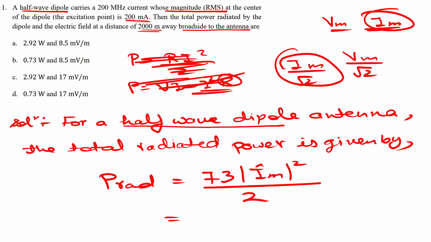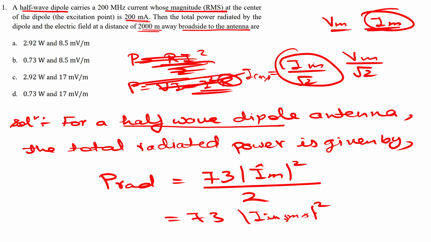And in the problem we don't have this Im value, we have the IRMS value. So simply, IRMS is Im by root 2. So I can write this as 73 times I in RMS magnitude squared, because this IRMS is Im by root 2.